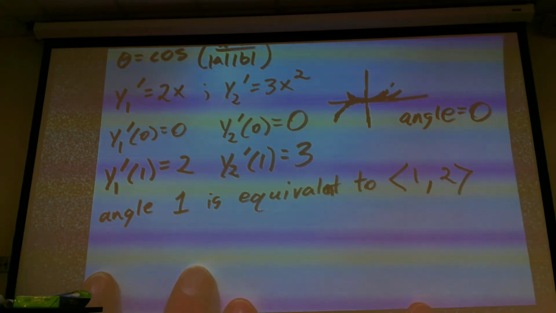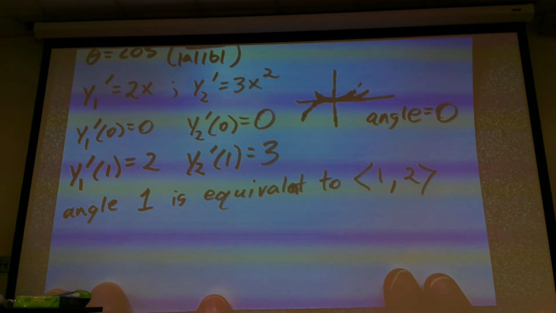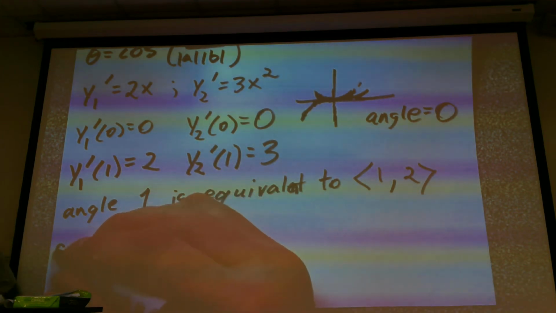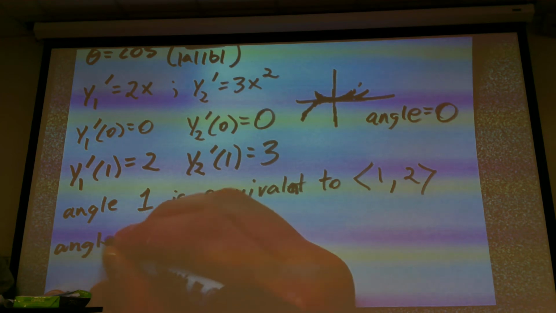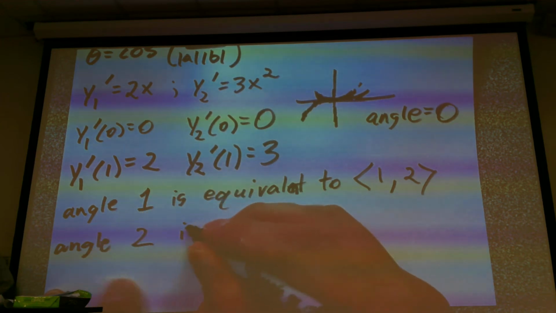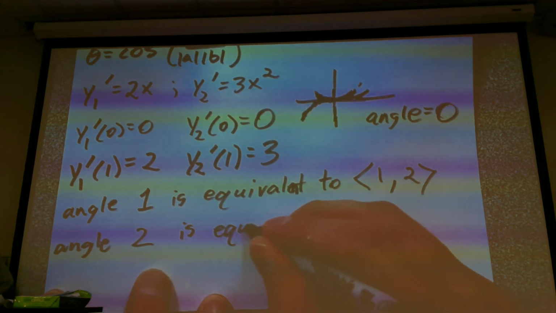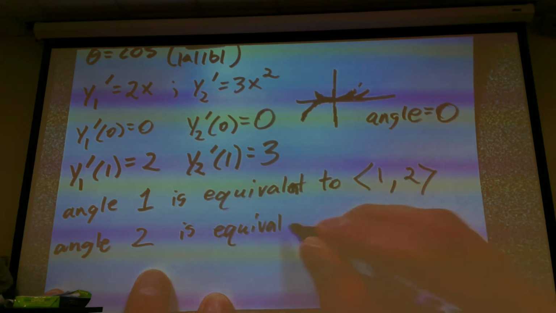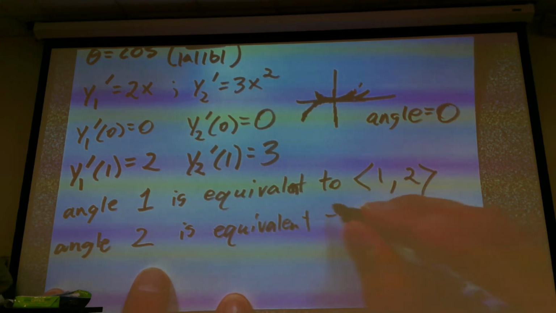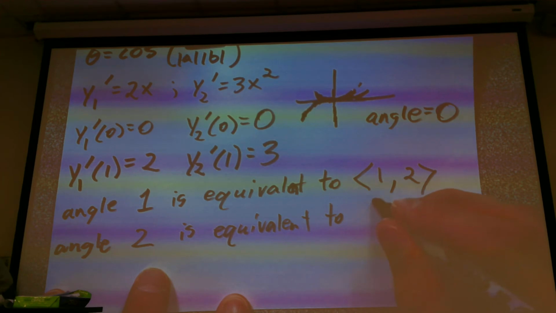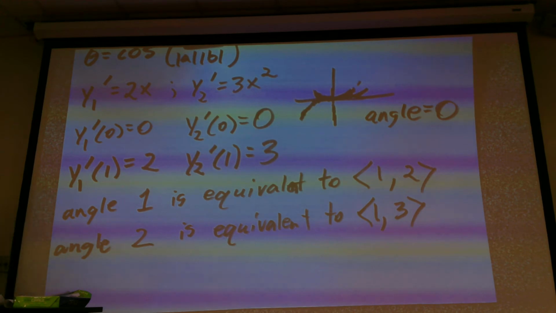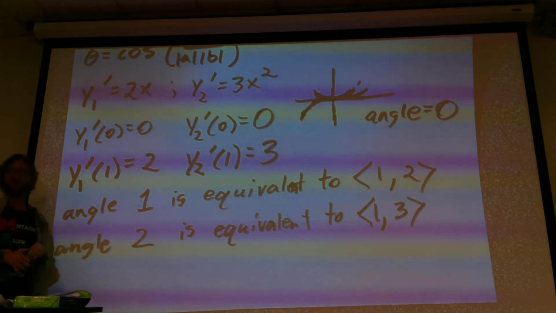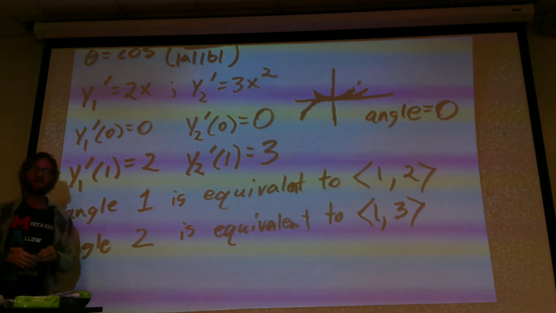Remember, the second one's the y value. Okay? And angle 2 is 1, 3. And when I'm talking about angle, I'm talking about the slope of a vector.